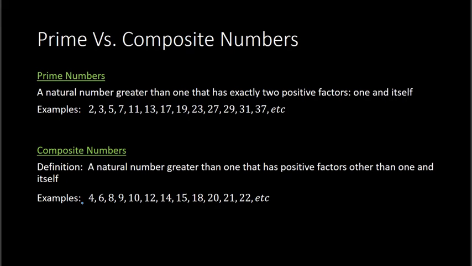And if we take, let's say, 18, for example, 18 is composite because not only does 1 times 18 give me 18, but I can also do 2 times 9 and 3 times 6. So 2, 9, 3, and 6 would also be factors, in addition to the 1 and the 18. So composite numbers are the opposite of prime numbers.